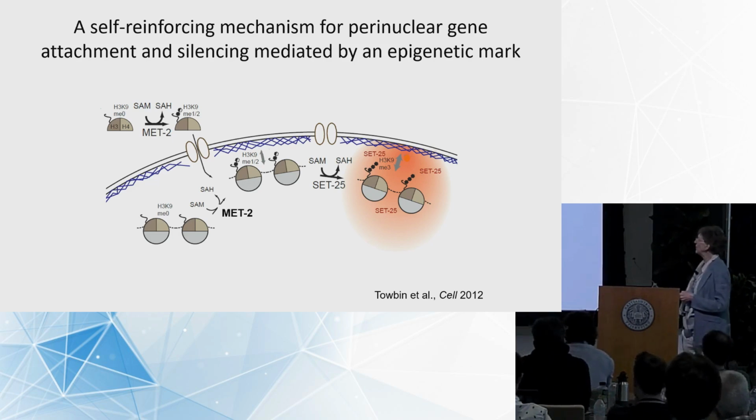And that was showing that the mono/dimethyltransferase for K9, it's specific for K9, and this MET2 is a SETDB1 homolog, the mammalian homolog, deposits mono and di, and this is sufficient to be sequestered at the nuclear envelope, and the SET25 adds the trimethyl, which then leads to full repression.